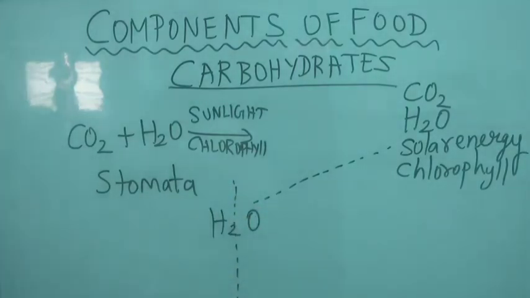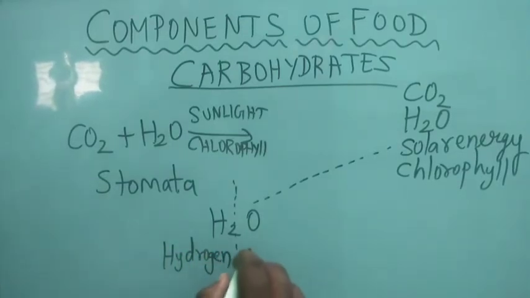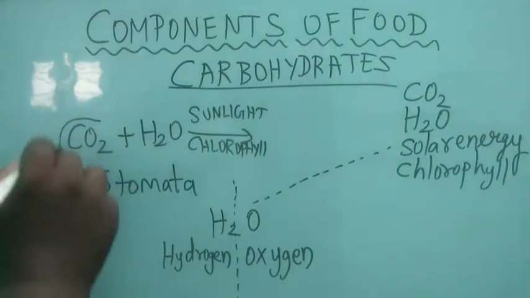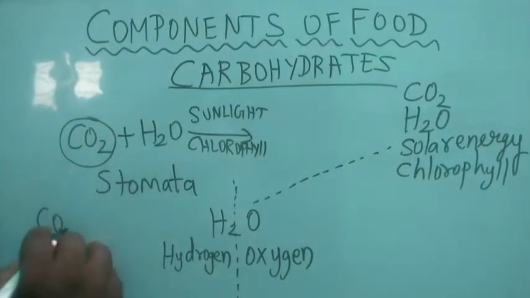So this H2O is broken into hydrogen and oxygen. When the solar energy breaks the H2O, it breaks into hydrogen and oxygen. In the same way, the carbon dioxide also breaks into carbon and oxygen.